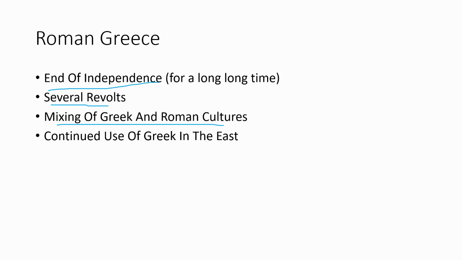There were a lot of Roman ideas and a Roman ethic that made its way into Greece, which is why when the Roman Empire was split into the Byzantine Empire, that still considered itself heir to the ancient Roman Empire. And we see the continued use of Greek in the East. So even though the Romans had conquered the east of their empire, they'll continue to use Greek.